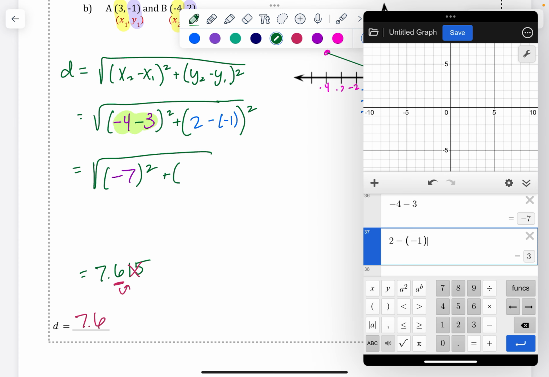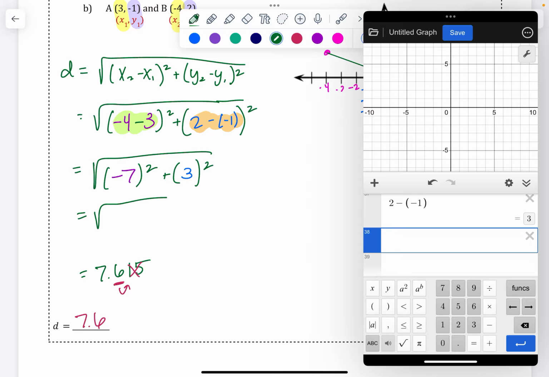That gives me a positive 3. That's what we just calculated over here. Quantity squared. And then I can keep going. Negative 7 squared is equal to 49. Plus 3 squared is equal to 9.